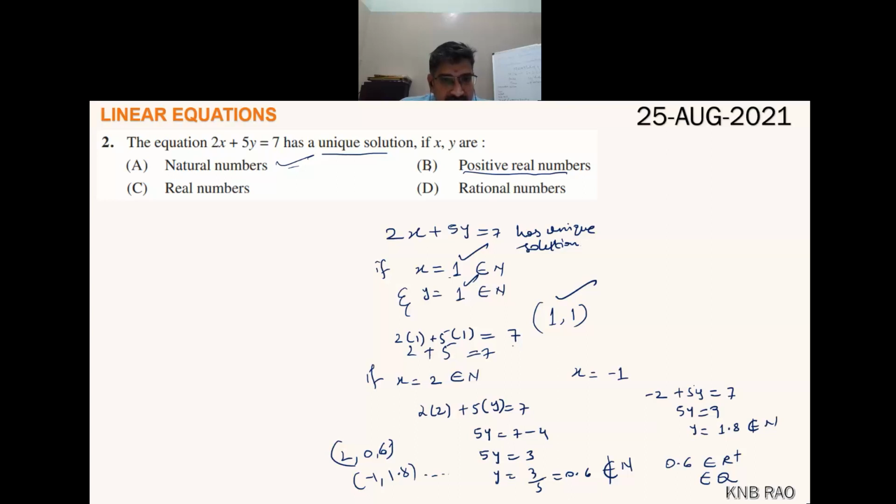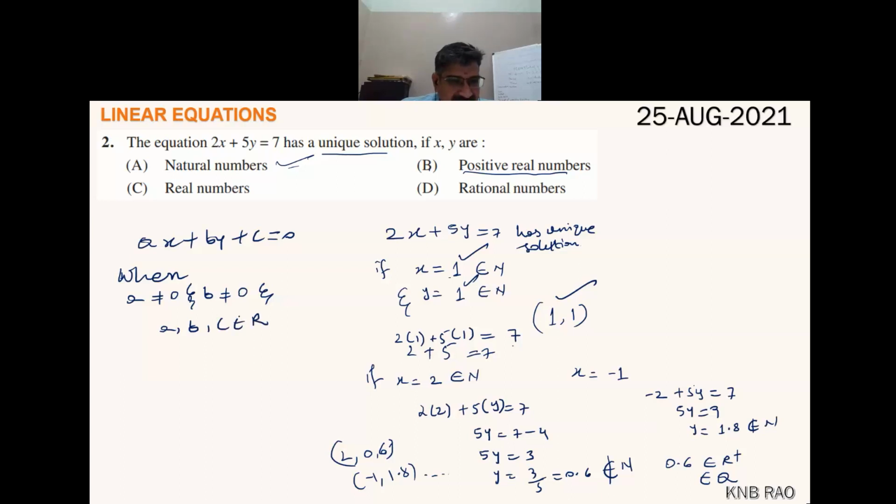If x and y are real numbers, we know the conditions. Consider the equation ax plus by plus c equals 0. Here we know the conditions: a is a non-zero real number, b is a non-zero real number, and a, b, c are real numbers.